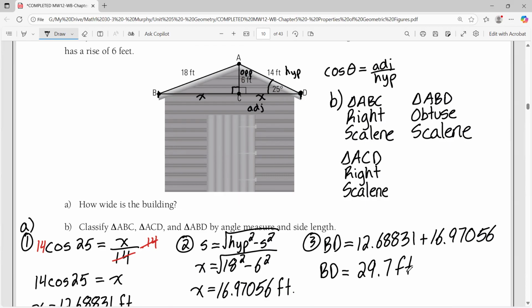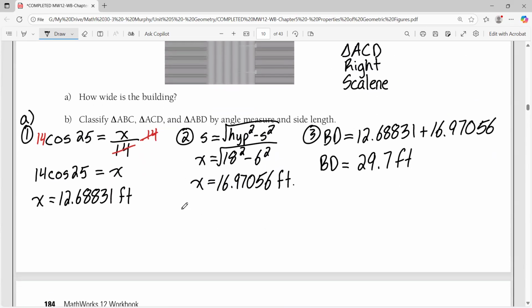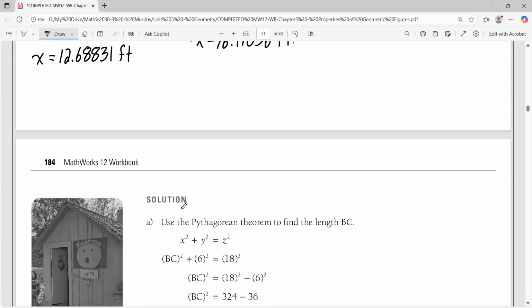But again, it's coming out to relatively the same thing. So if you use Pythagorean theorem for step 1, you get 29.6. If you use cosine, you get 29.7. And if you use tan, you get 29.8. All would be acceptable answers. Okay. That is the end of geometry lesson 4, part 1.